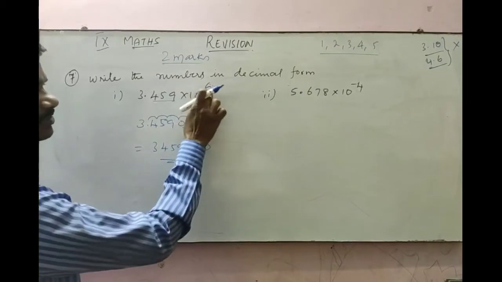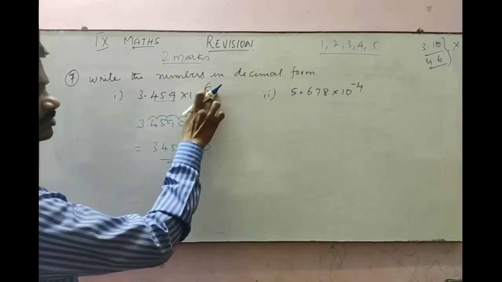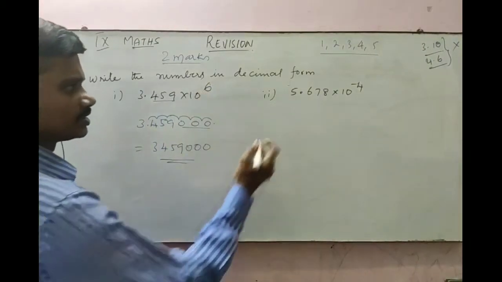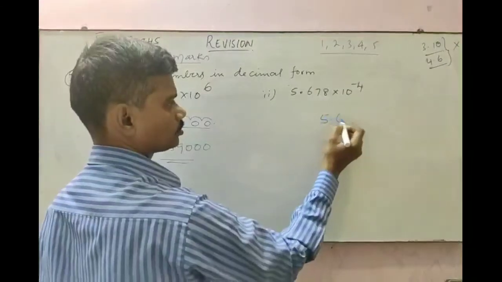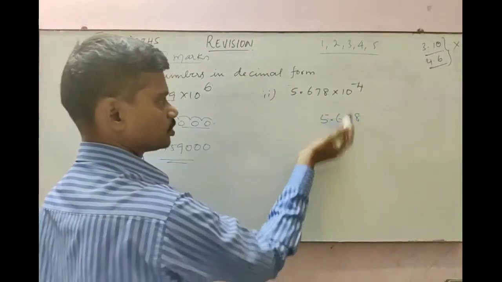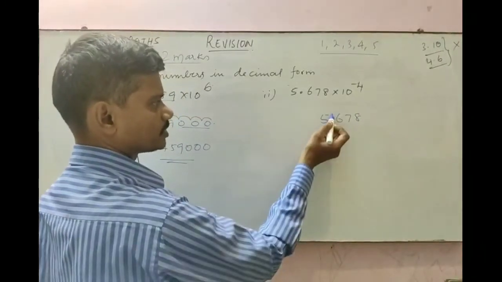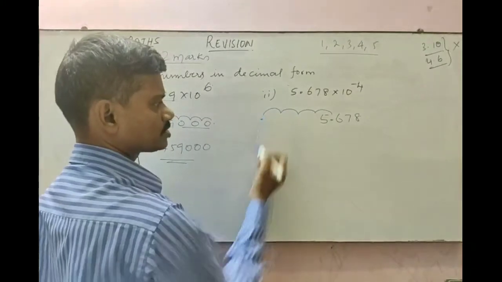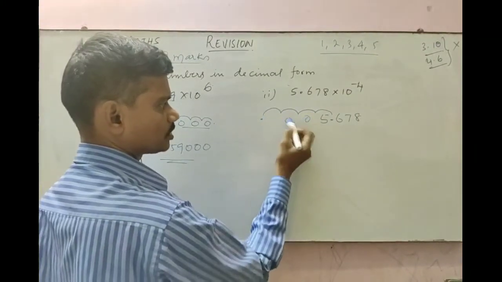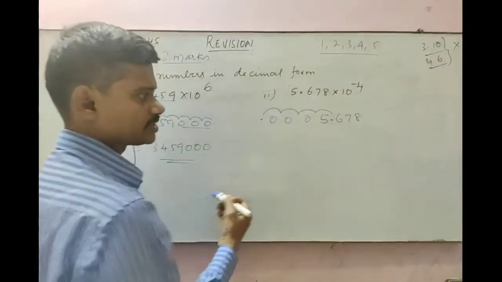If the power is positive, like 10 power 6, we move right. If it is negative, here the power is negative, so you have to move this decimal to the left side by 4 digits. Here 1, 2, 3, 4. The decimal has to come here. So you have to include 3 zeros on the left side.